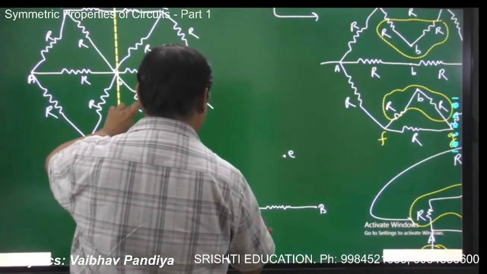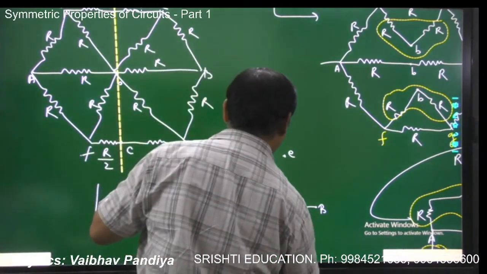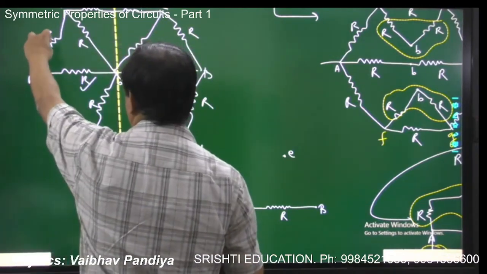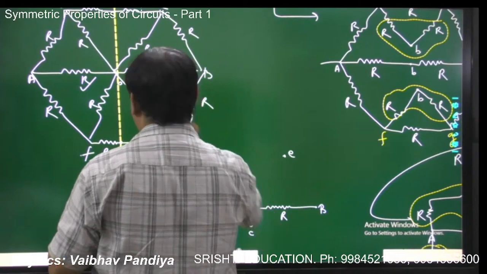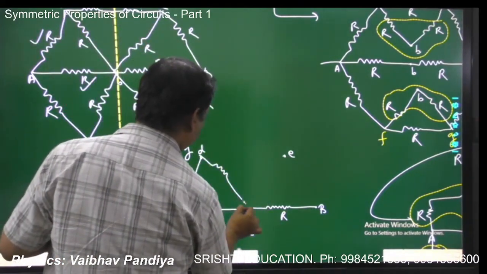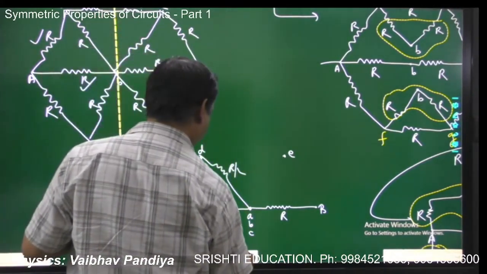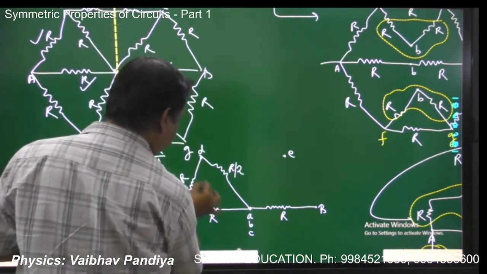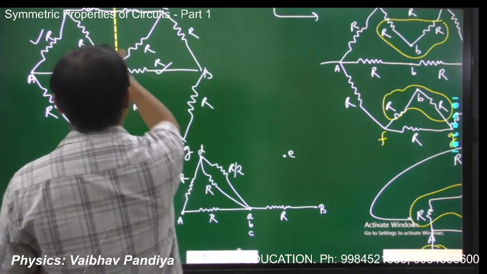So between A and B, we have a resistor R, and between B and capital B, we have again a resistor R. So these two have taken care of. Then we have R between A and D. So between A and D, I'm making R, and between D and A, we have R by 2, R by 2, and between D and B, we have R, correct?